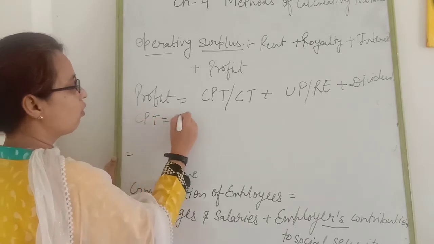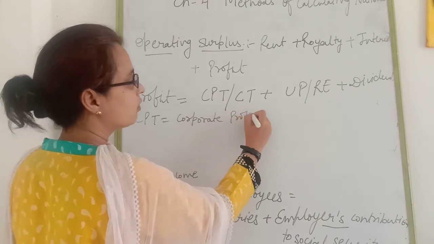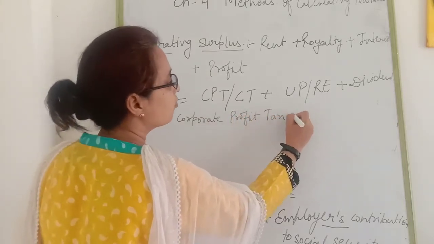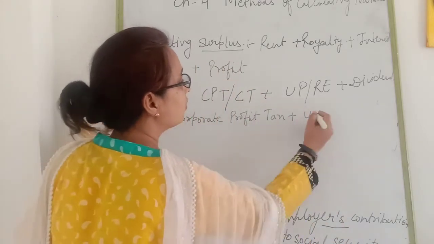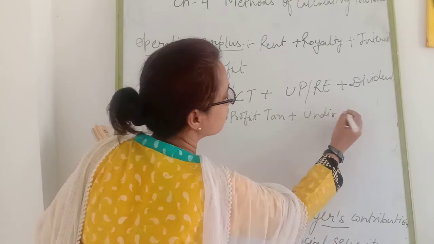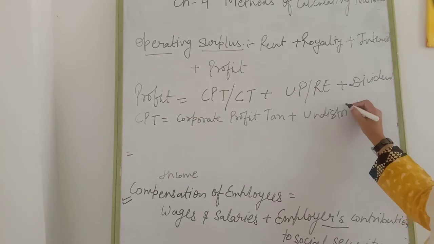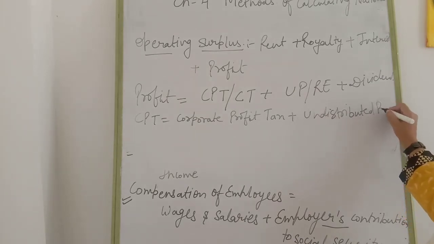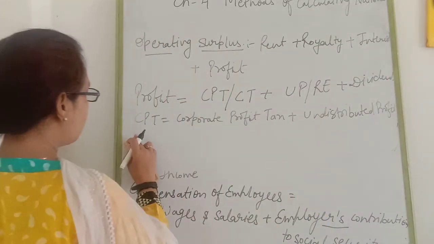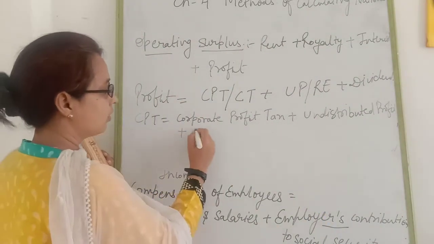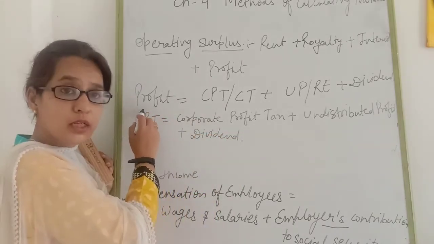CPT, corporate profit tax, plus UP, undistributed profit, and we can use the term retained earnings, plus dividend, by which we can calculate profit.